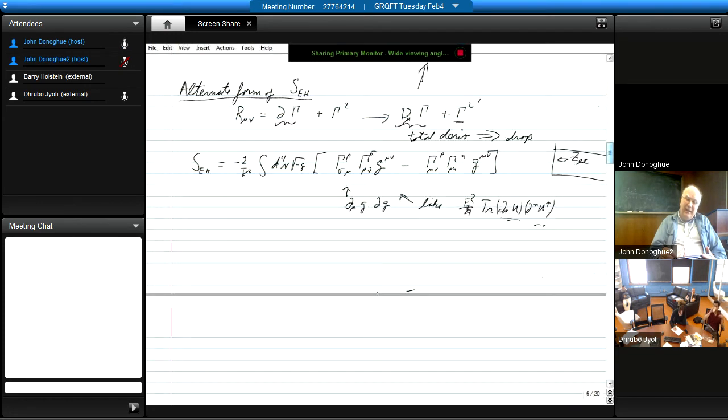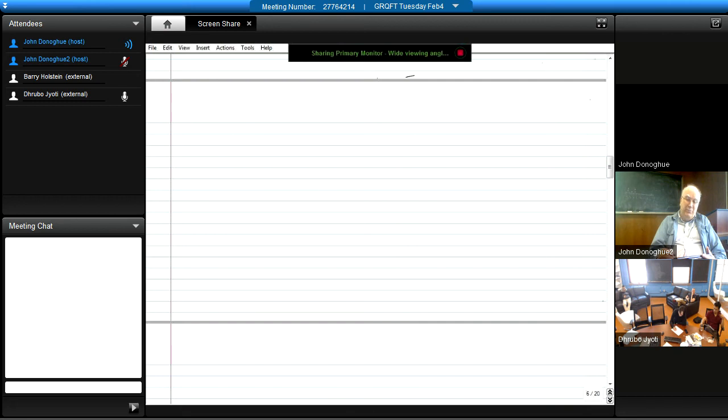Okay. Next piece of field theory is I want to talk about energy momentum tensors in general. So what I'm going to do is the canonical energy momentum tensor versus a symmetric one. Okay, so this is general quantum field theory stuff.